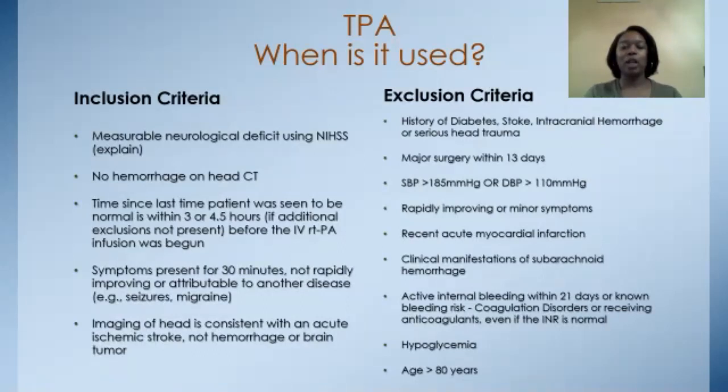Clinical manifestation of a subarachnoid hemorrhage. Active internal bleeding within the last 21 days increases the blood risk, or any type of coagulation disorders, which we discussed earlier. And labs can help to determine that, such as D-dimer, as well as platelets and INR levels. Hypoglycemia, and if the patient is above the age of 80, they are not a candidate for TPA.